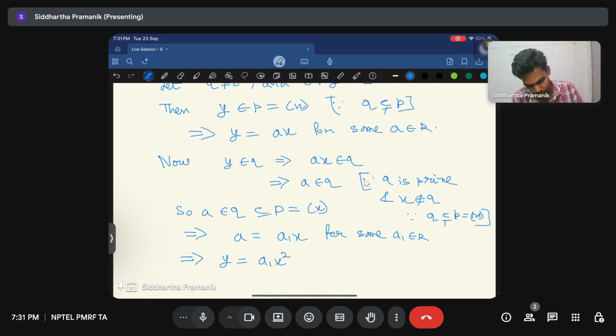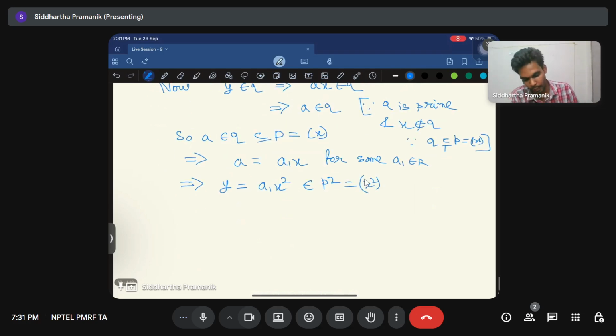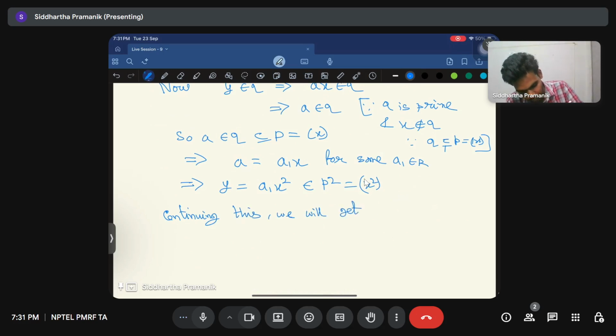Right? And this will imply y belongs to P squared, which is the ideal generated by x squared. So continuing this, we will get y belongs to P^n for all n greater than or equal to 1.